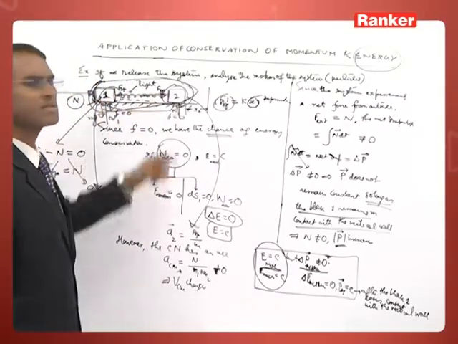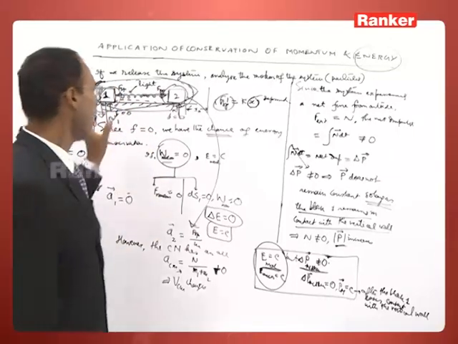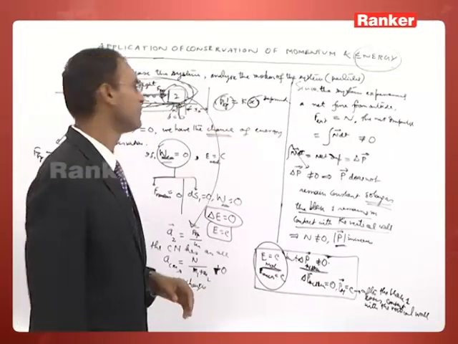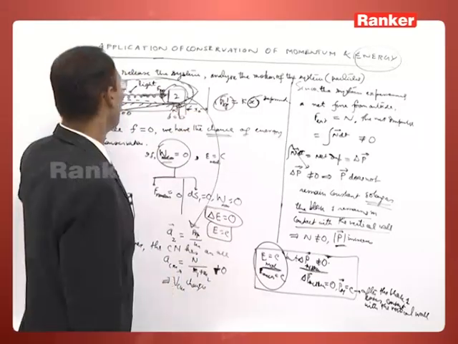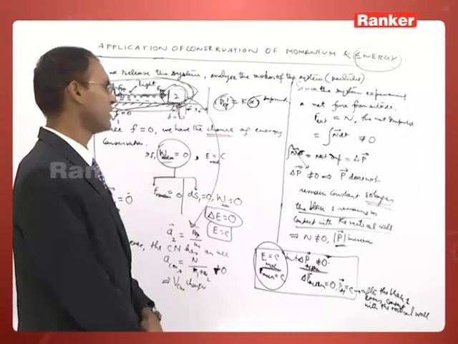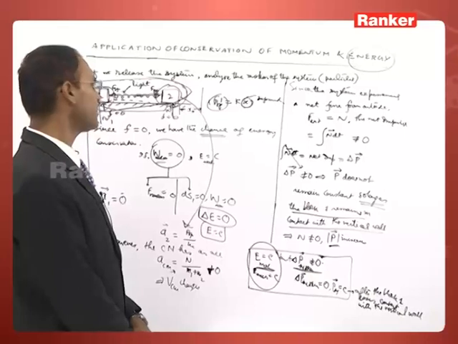The system has 2 blocks. How do the blocks move? How does the center of mass move? By using the principle of conservation of linear momentum and conservation of energy.